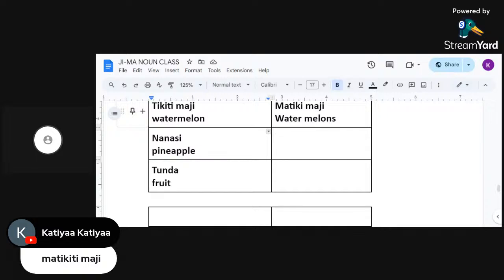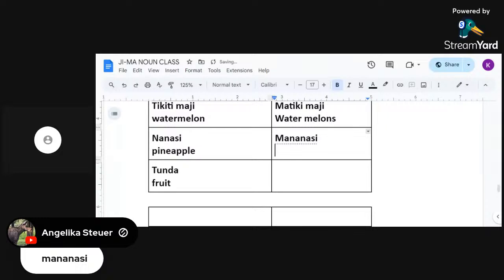Asante. Aha, tunapata hapa. Kali anasema nanasi, vizuri sana. Beverly, mananasi, vizuri. Katia anasema mananasi, vizuri sana. Angelica, mananasi, vizuri sana. Mananasi.